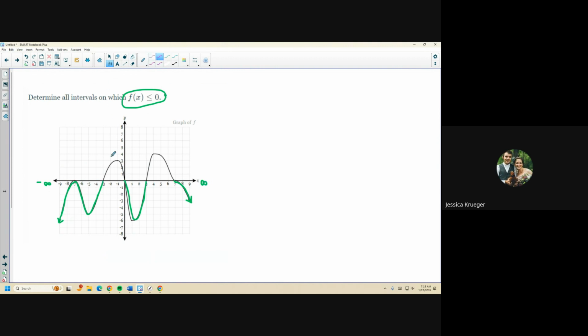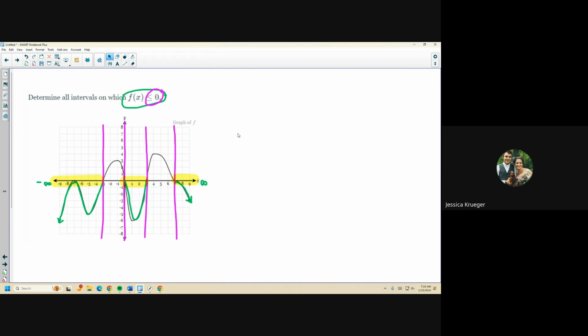If I look at where it stops being negative, it stops here, it stops here, here, and here. So the intervals I want to grab are where it's less than or equal to 0, where it's negative. So those intervals are here, here, and here. So now all I have to do is list those.